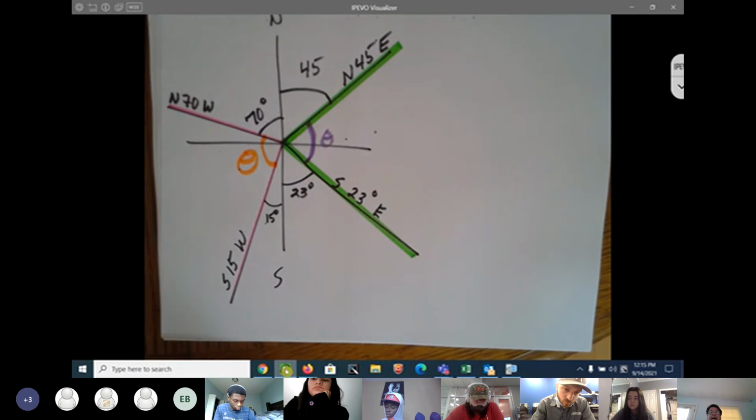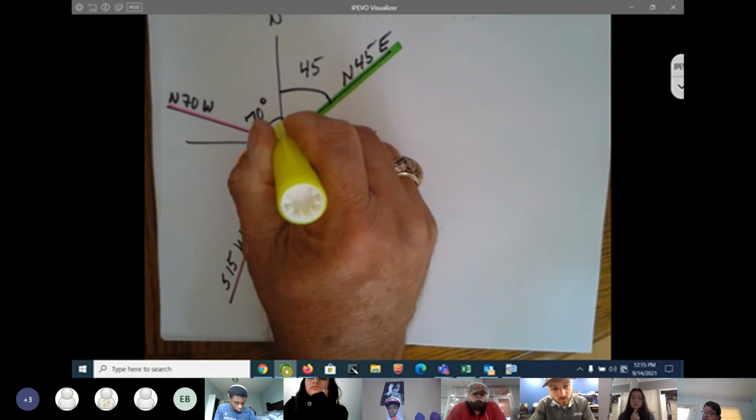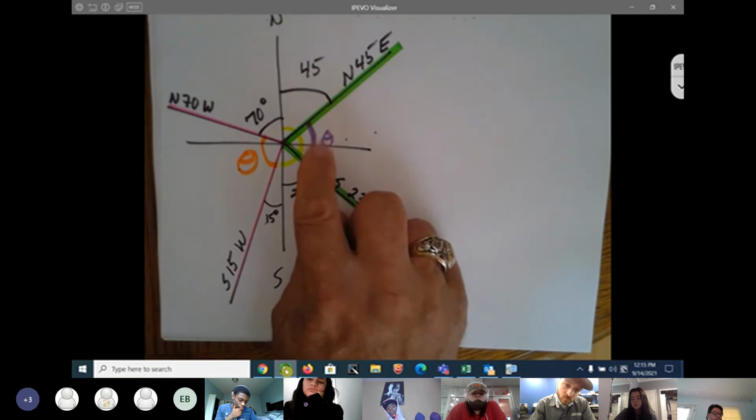And now you're going to find the angle between the bearings. How do you do that? Well, this angle right here, somebody tell me what's between north and south. What's that yellow angle right there? Straight line, what is it? 180 degrees.